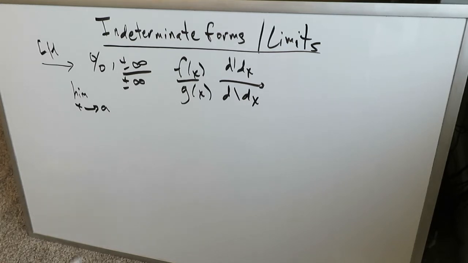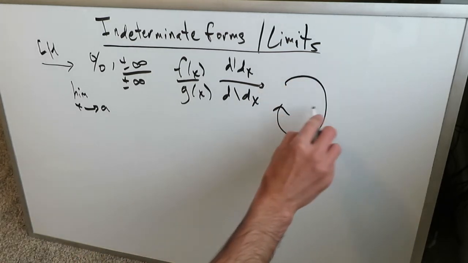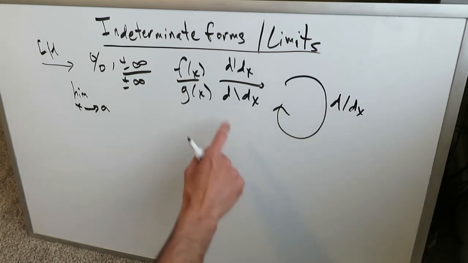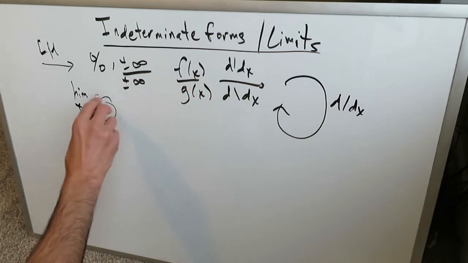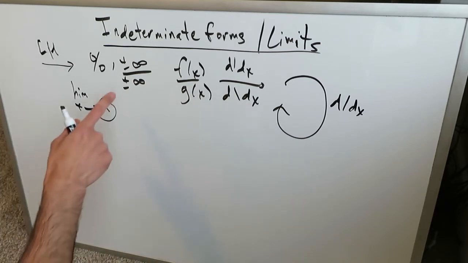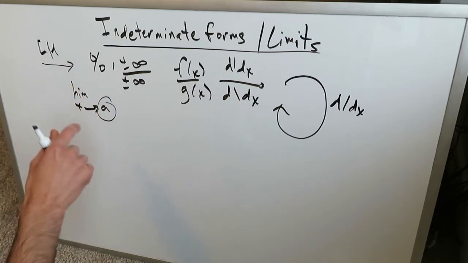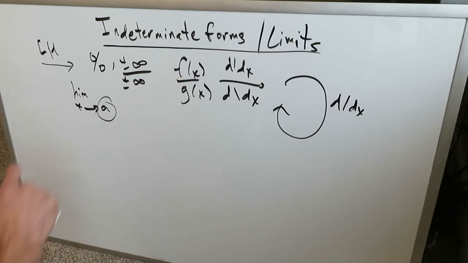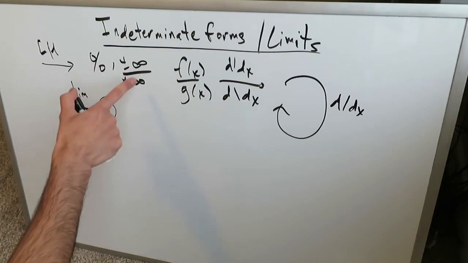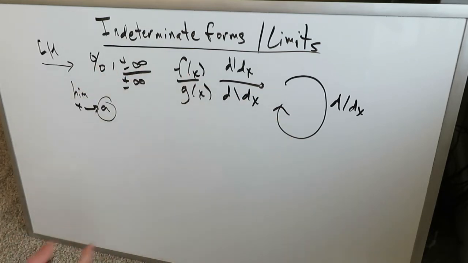You can keep reusing this derivative procedure as often as needed, so long as at the end of each step, when you test the value, you're still arriving at the indeterminate form of 0 over 0 or infinity divided by infinity. So every time you apply L'Hopital's rule, keep testing your value to see if you keep arriving at the indeterminate forms, and then you can keep using the derivative steps until you no longer need to. These are the basic indeterminate forms, and by basic I mean the most common.